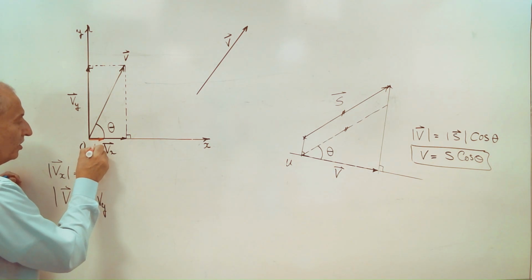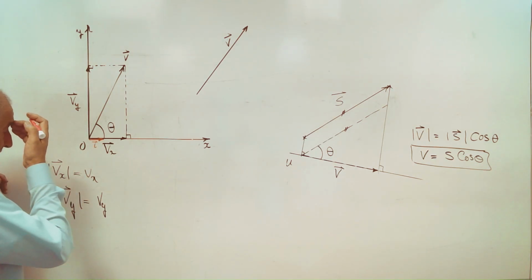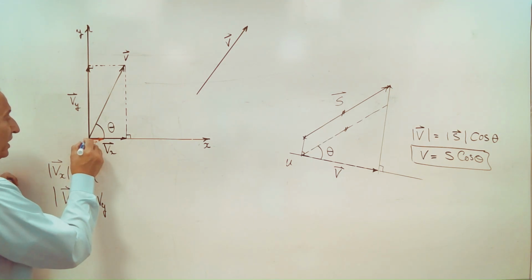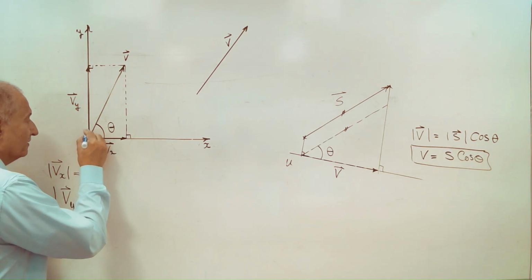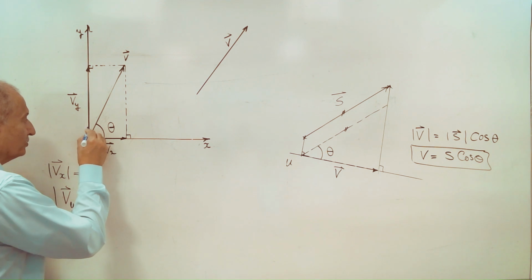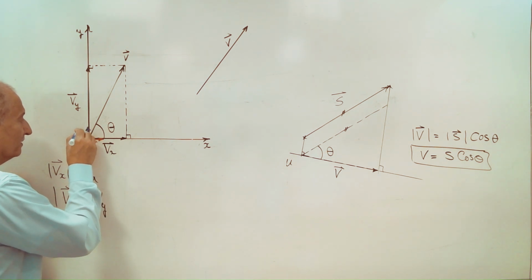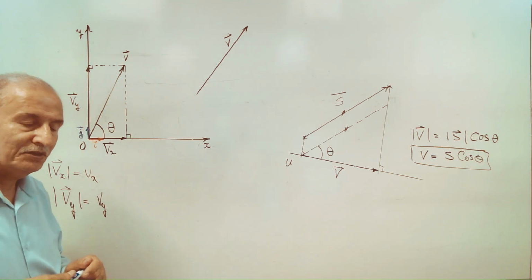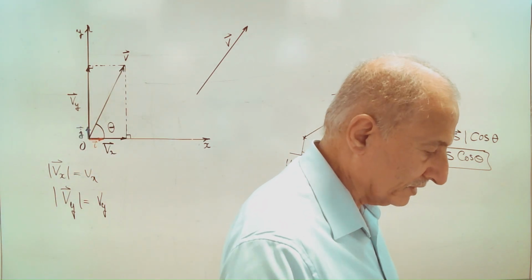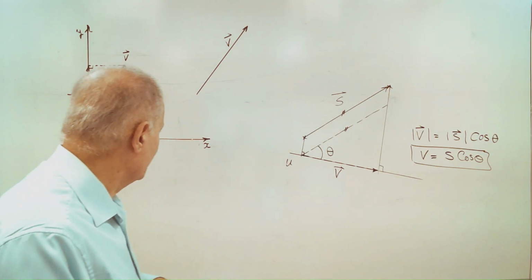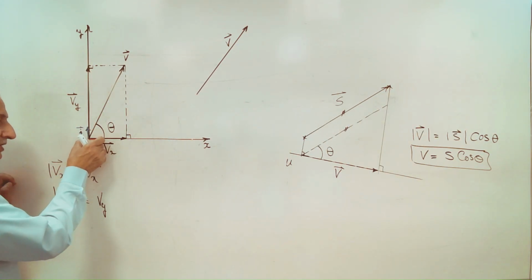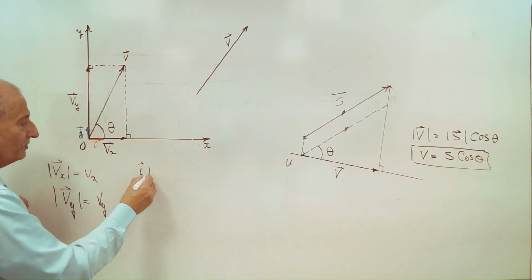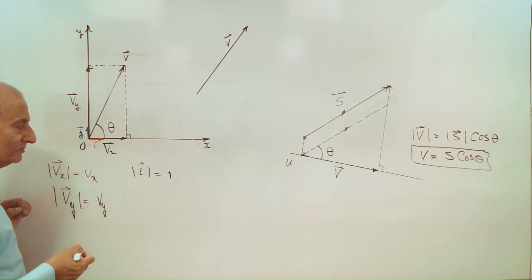Unit vector i, which is i hat, and unit vector j in the direction of y. What is it? This unit vector's direction is the direction of positive x. Then the i magnitude, you know that, is 1.